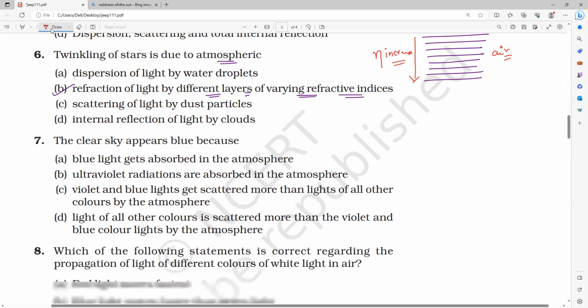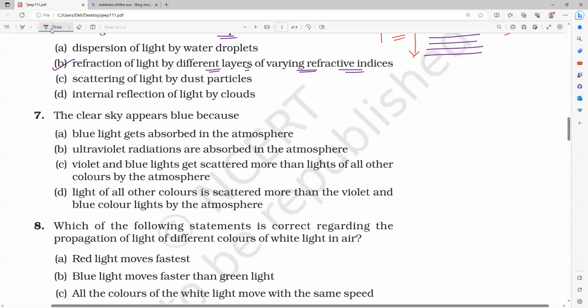Now, the clear sky appears blue because of what? Blue light is scattered more than lights of all other colors by the atmosphere.